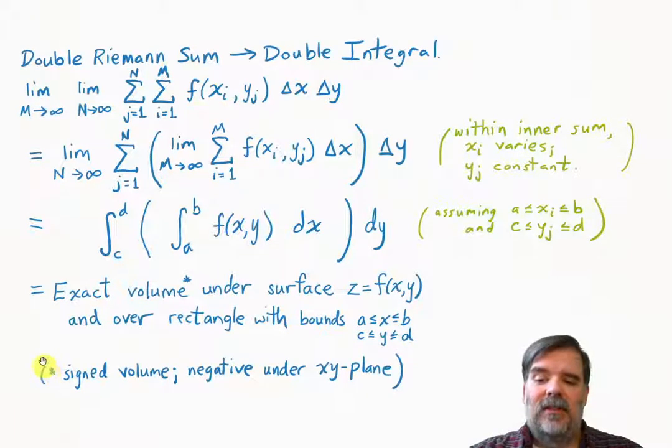And so in this case, the signed volume means boxes that appear above the xy plane have a positive volume. Boxes whose height is negative will appear below the xy plane. We'll consider them as negative. So when we say volume, we really truly mean signed volume.